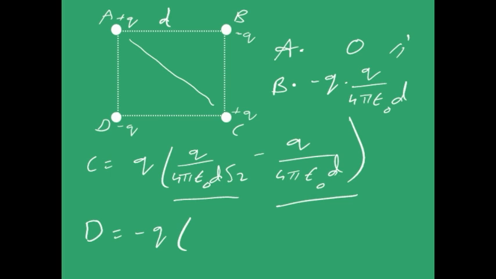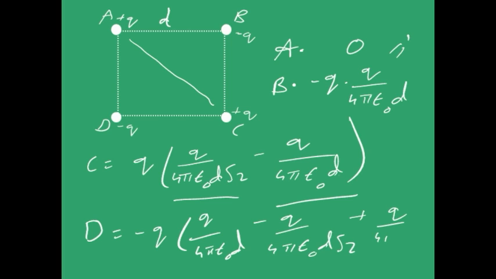That is charge D into the potential which was present at D due to all these three charges, which is nothing but Q by 4 pi epsilon naught D due to A, and minus Q by 4 pi epsilon naught D root 2 due to B, and Q by 4 pi epsilon naught D due to charge C. Now I should just add all these terms A, B, C, D to get the net potential energy of this system.